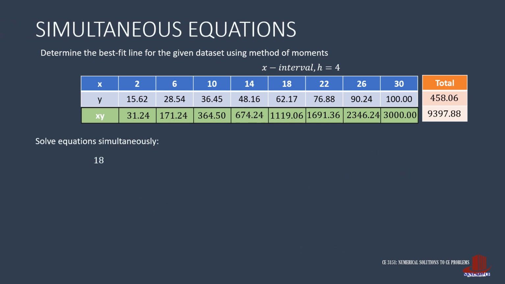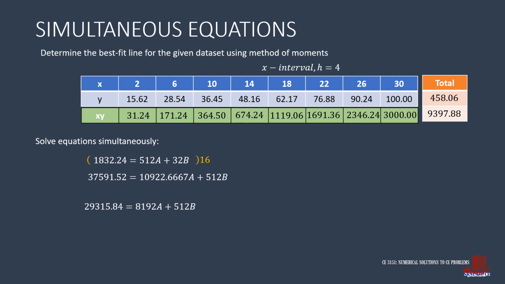Then we have the two equations to solve for a and b. All we need to do now is to plug the two equations into a scientific calculator to solve for variables a and b simultaneously. But for discussion in this video, we solve it manually using elimination. We eliminate b, so multiply the first equation by 16 and get 29,315.84 as equal to 8,192a plus 512b.